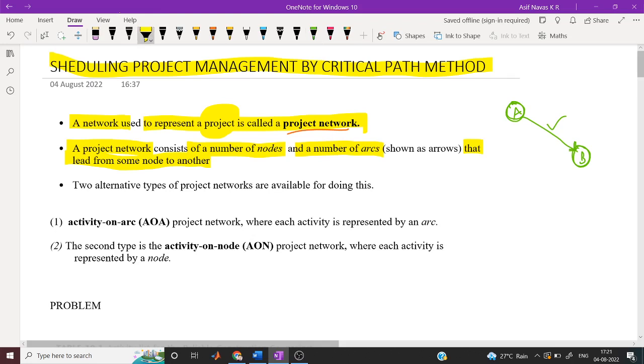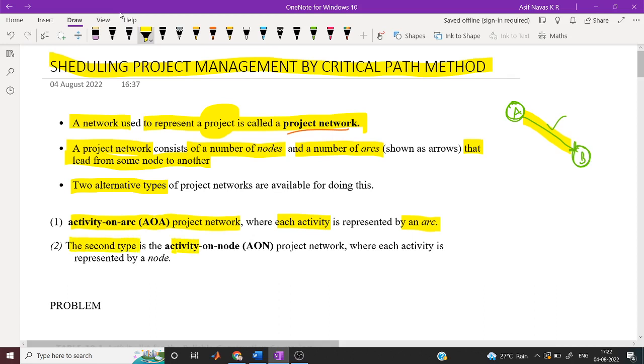Now, in order to do project management scheduling, there are two alternative methods. One is the activity on arc, AOA, project network, where an activity is represented by an arc.